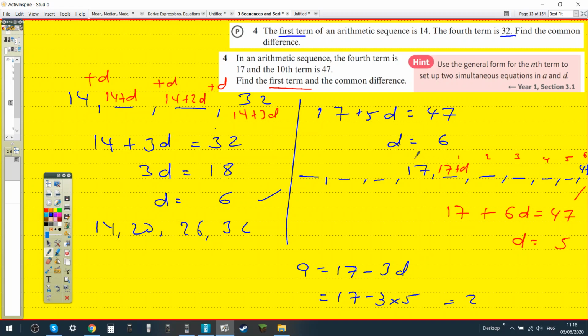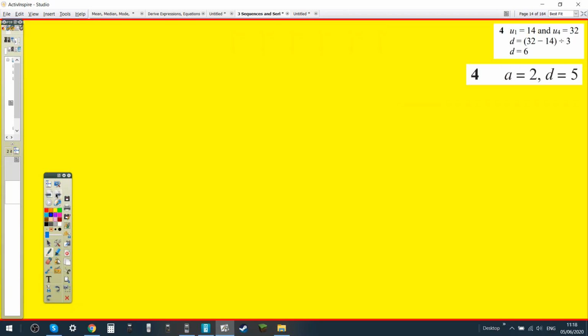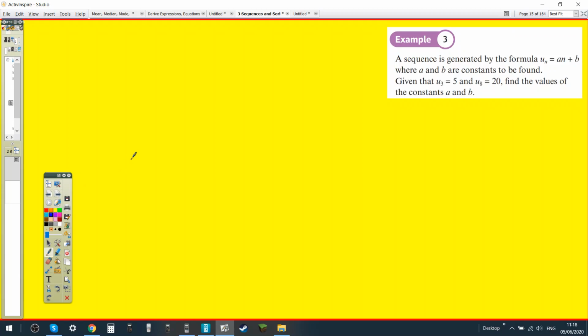With this one we had to do 3Ds, but with the other one it was 6. Any questions there? No. It's just weird how this was 3 and then this one is 6. Anyway, a sequence is generated by this formula. All right, let's try this one.